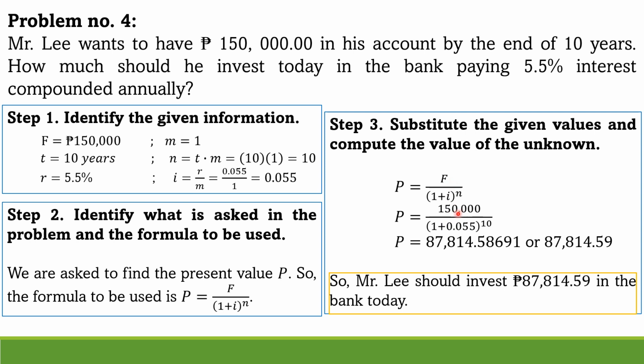Ating future value is 150,000 divided by 1 plus, ang I natin is 0.055, raised to, ang N natin is 10. So we have 87,814.58691, or round up, 87,814.59. So Mr. Lee should invest 87,814.59 pesos in the bank today.